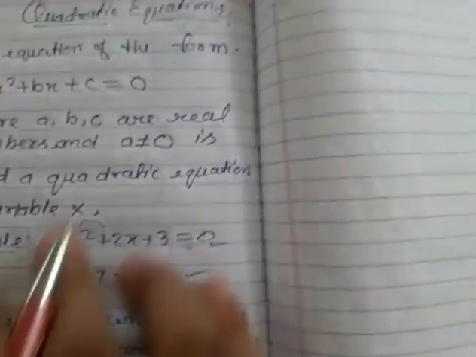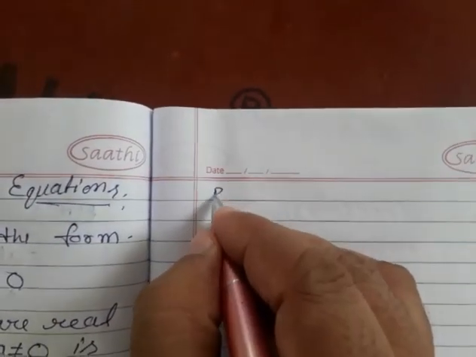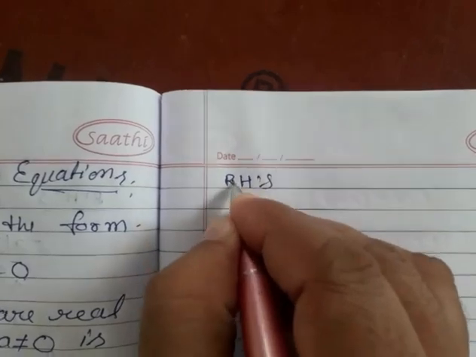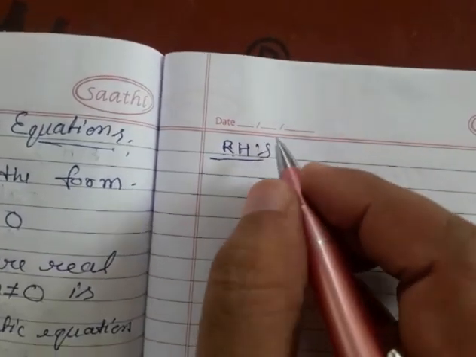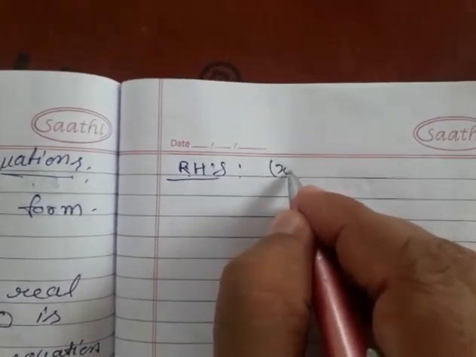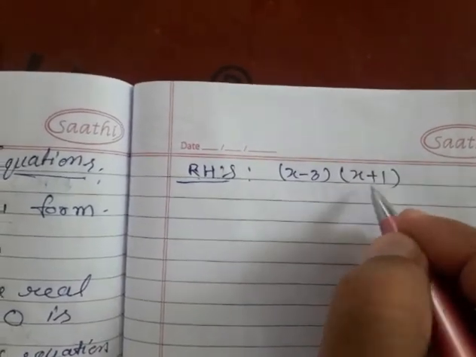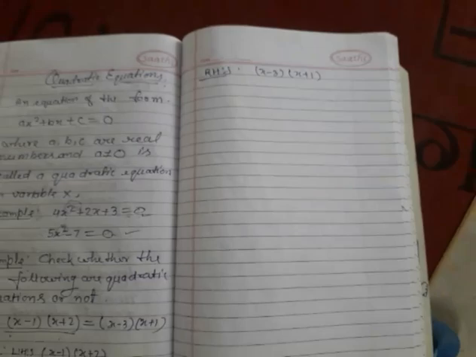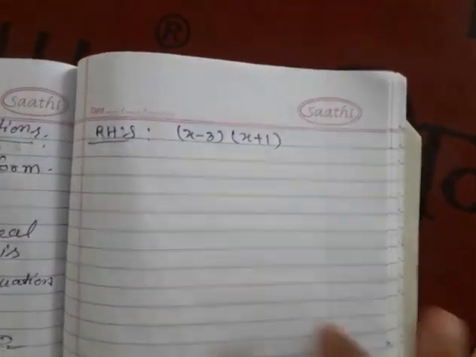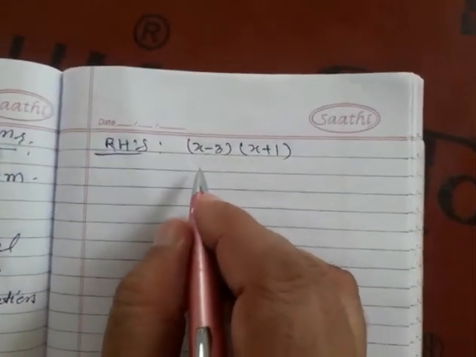Now we discuss the right hand side. The right hand side is given as x minus 3 and x plus 1. Now find the product of these two.